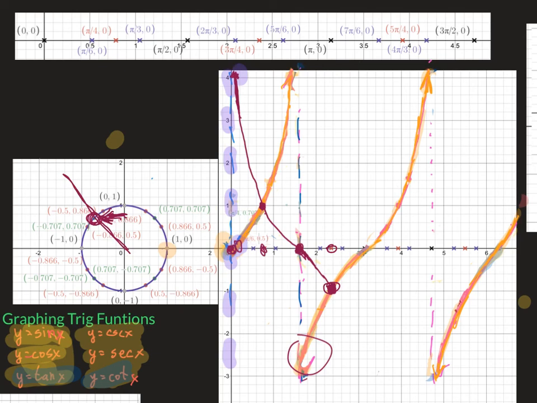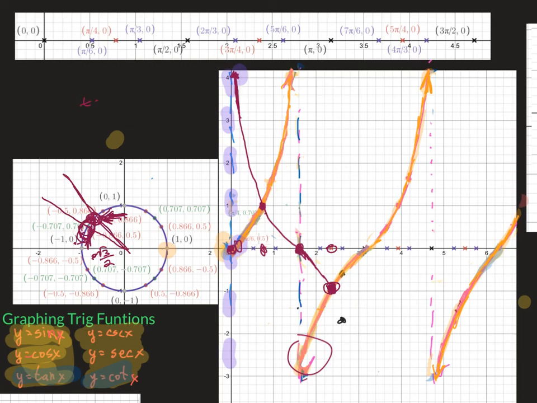Right here we've got tangent is, let's say, sine over cos. That's going to be 1/2 over negative root 3 over 2. It's about -1 over root 3 right here. And so cotangent will be negative root 3 over 1. What's root 3? About 1.7, so 2, 4, 6, right about here.